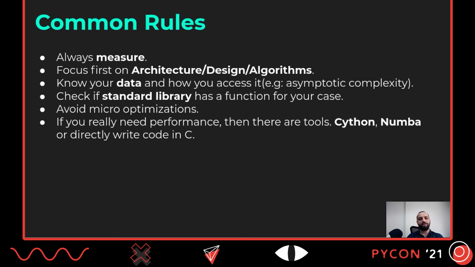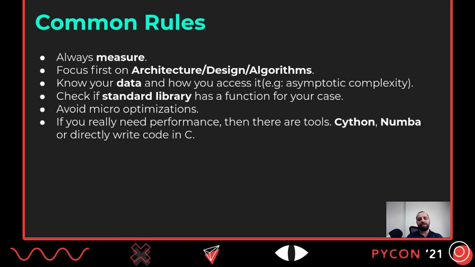The first one is obviously measure, and always measure. Using a tool for this is key, like I said. The second one is you should be focusing first on architecture, design, and algorithms rather than doing some language-level micro-optimizations. A simple performance problem can open up new ways of refactoring your architecture or code base and make it even better than before.